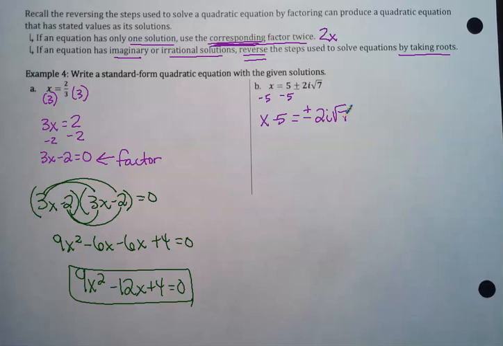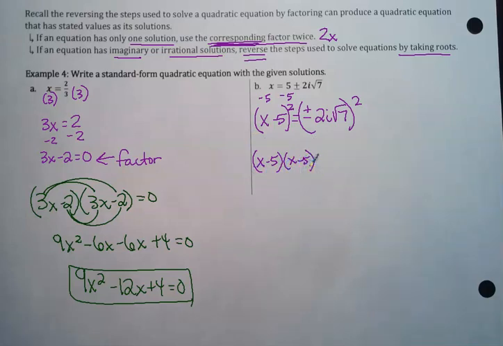All right, so we need to square each side. I need to take this side and square it, and take this side and square it. So x minus 5 squared means x minus 5 times x minus 5.